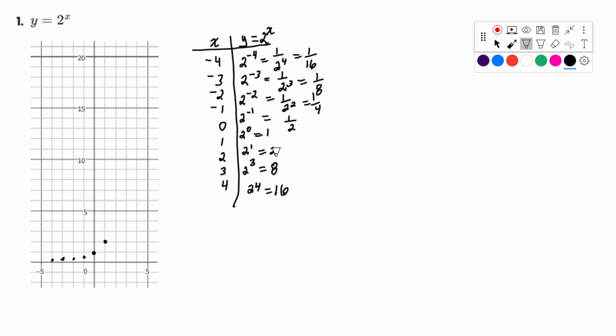Oh, I missed 2 squared here. Excuse me. So 2 squared is 4. 2 cubed is 8. 2 to the 4th is 16. And you'll see that we have this exponential curve that's happening.